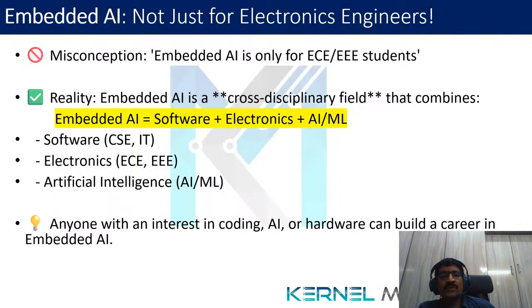If you are a graduate of one branch, the other branch is also okay, because it's a combination. This is actually required; this is the kind of skill set industry is expecting nowadays, the combination of software plus electronics. AI is a common technology, and you can use all three in combination every day.